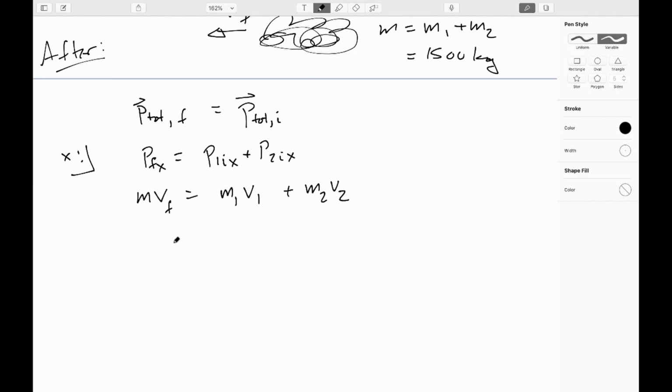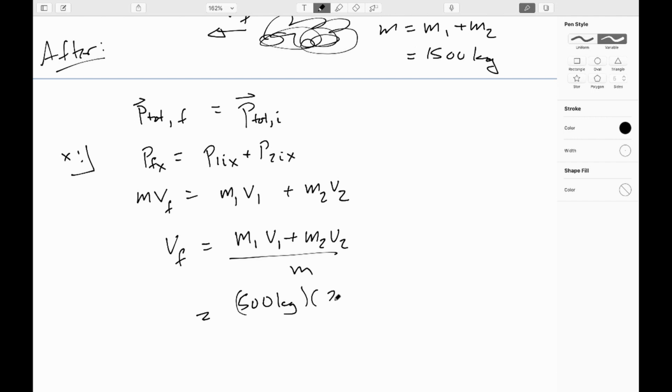So we can find the final velocity of the twisted mass of metal. If I divide both sides through by m, I get m1 v1 plus m2 v2 over m. All right, let's put in the numbers. So 500 kilograms times 200 meters per second, plus 1,000 kilograms times negative 200 meters per second. And we're choosing the negative because we're going to the left.